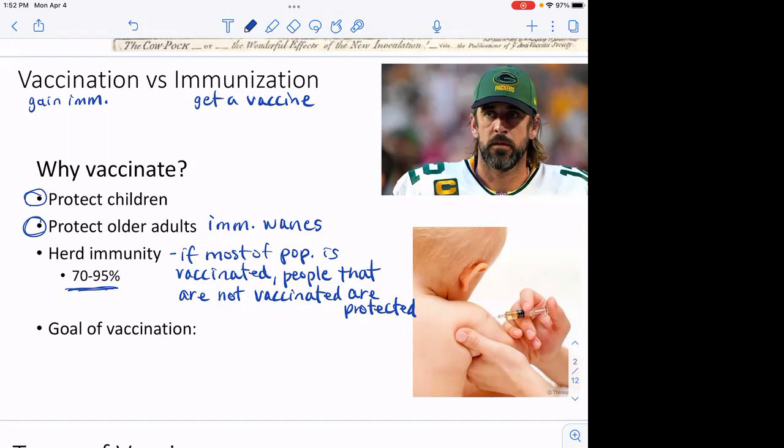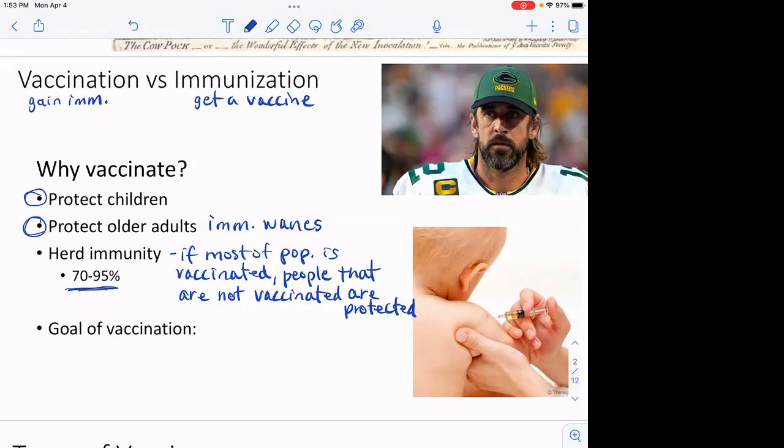So you hear less and less talk about that. We think that for influenza, herd immunity may only need to be like 30 or 40%, so it wouldn't be spreading. Other things like measles, it has to be like 95%. If we get less than a 95% vaccination rate, it starts to spread in the community because it's so infectious.